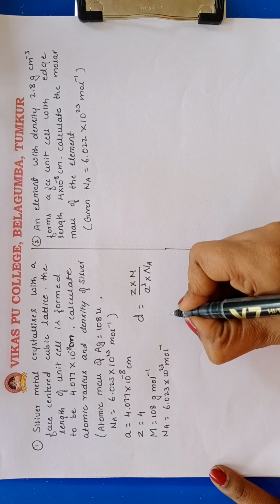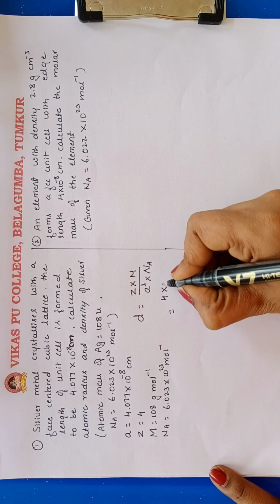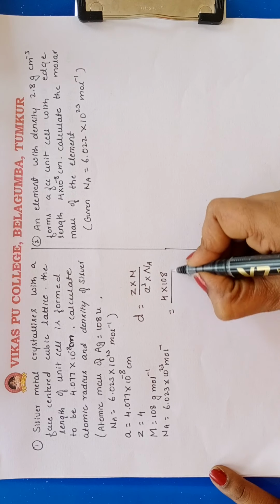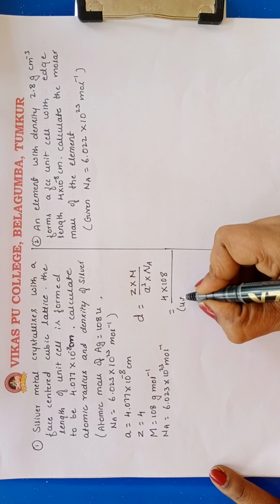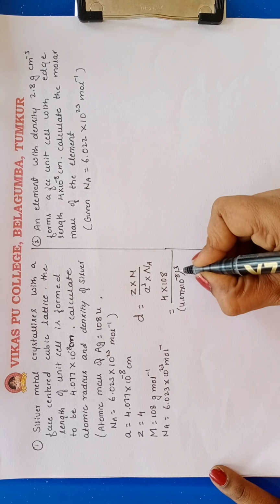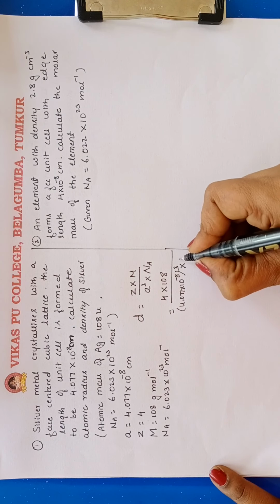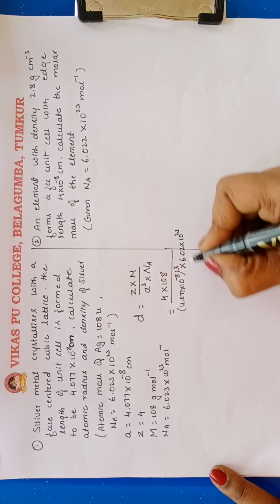Z is 4, molar mass is 108, divided by the edge length, 4.077 × 10^-8 whole cube, times Avogadro's constant, 6.023 × 10^23.